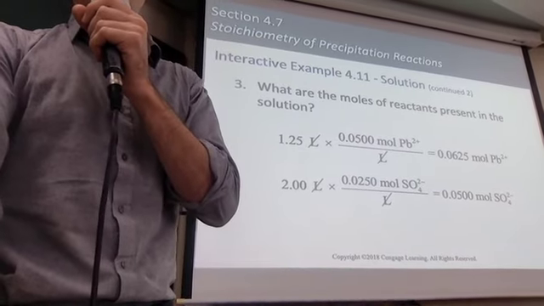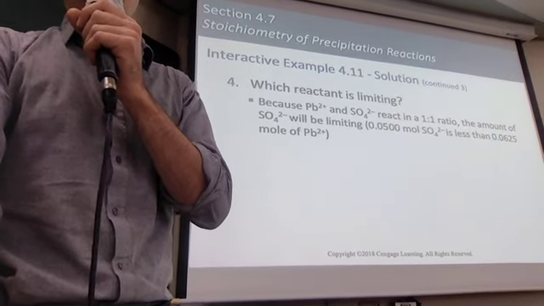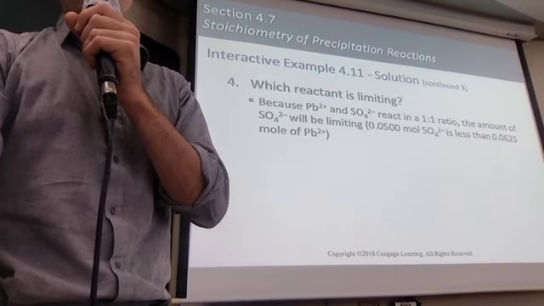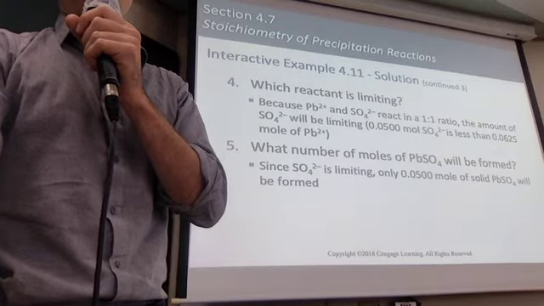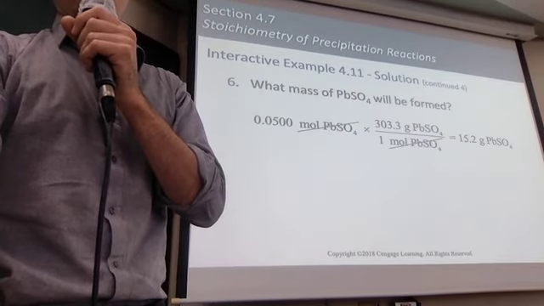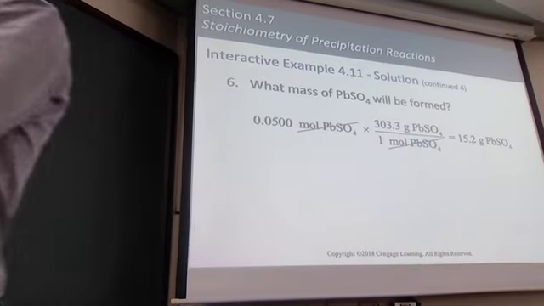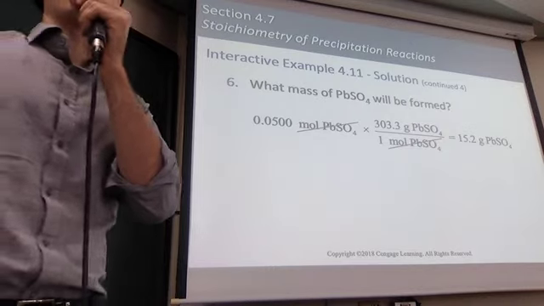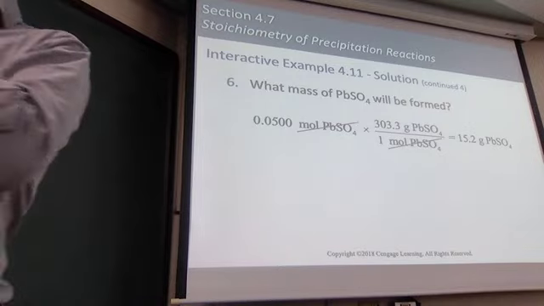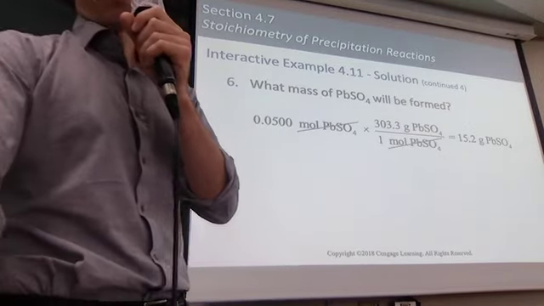So it's limiting us to 0.05 mole of product, right? So we will form 0.05 mole of the product, and we can convert it into a mass with the molar mass, and then we get 15.2 grams. Yeah, so this is the strategy we can use to determine how much precipitate we will form.